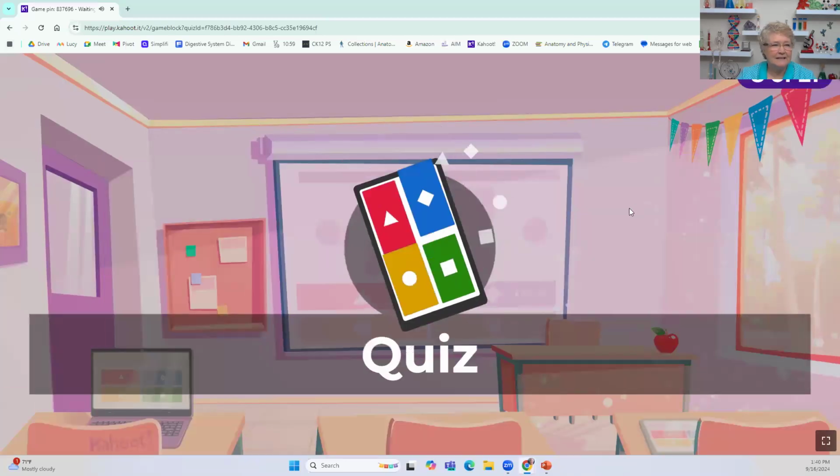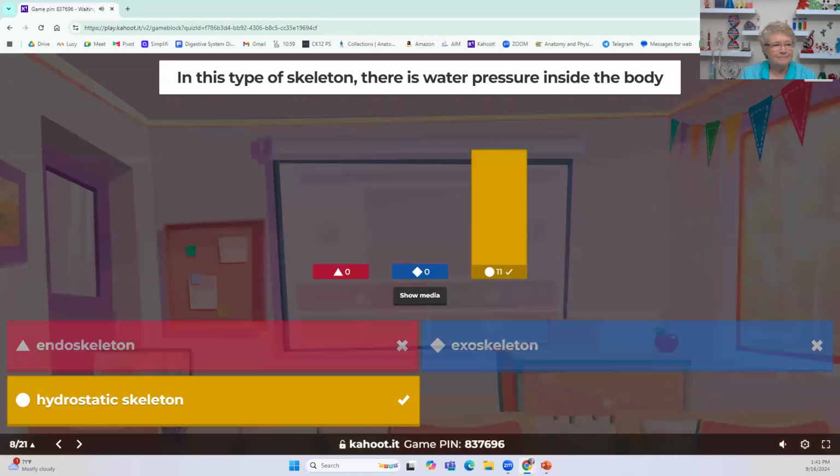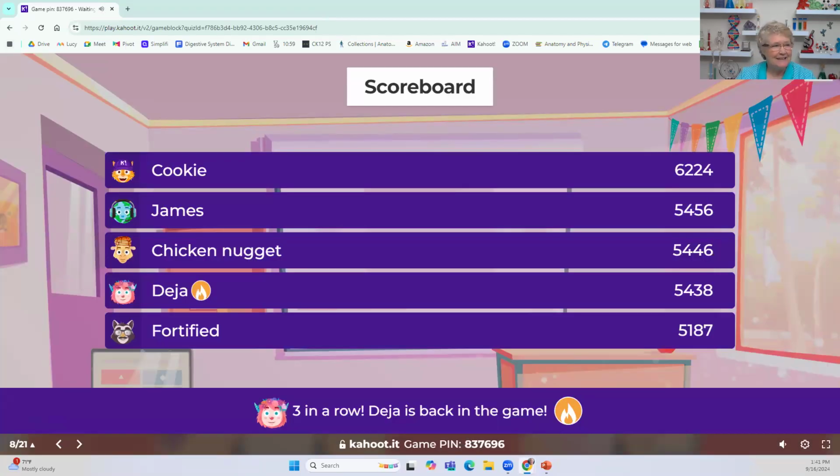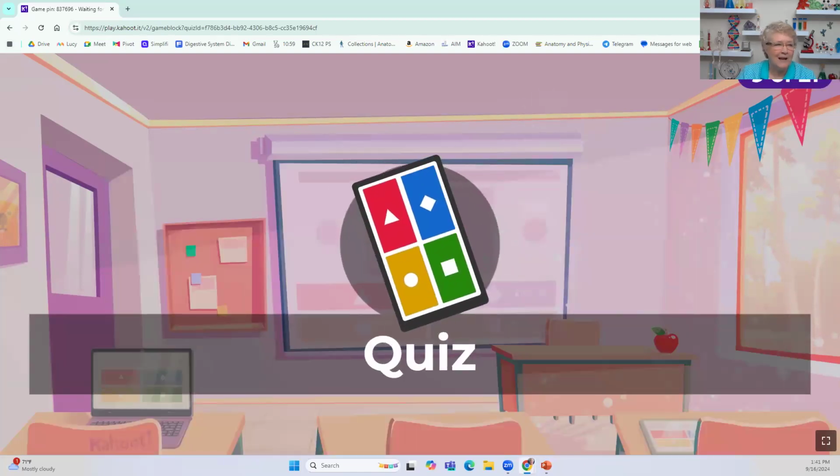Exoskeleton. Very good. And in this skeleton, there's water pressure inside the body. That is hydrostatic. That was fast. You guys all knew that one. All right, Cookie's in the lead. James, chicken nugget, Deja, and fortified.